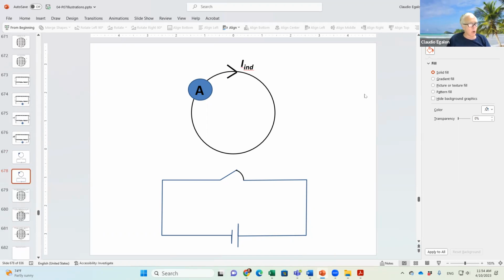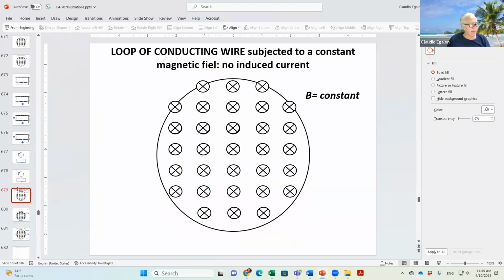The moment I close the circuit, the current builds up from 0 to a given value. The magnetic field follows the increase of the current. And in that very small amount of time that the magnetic field is increasing, you induce a current in the circuit close by.